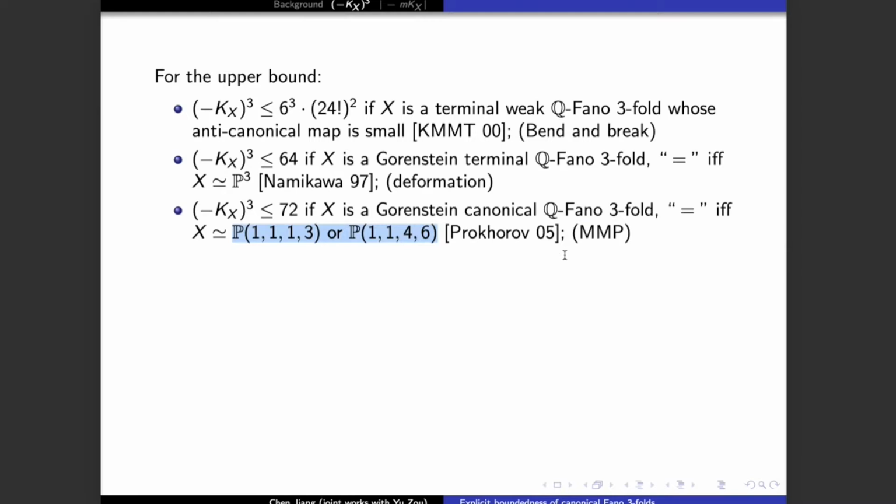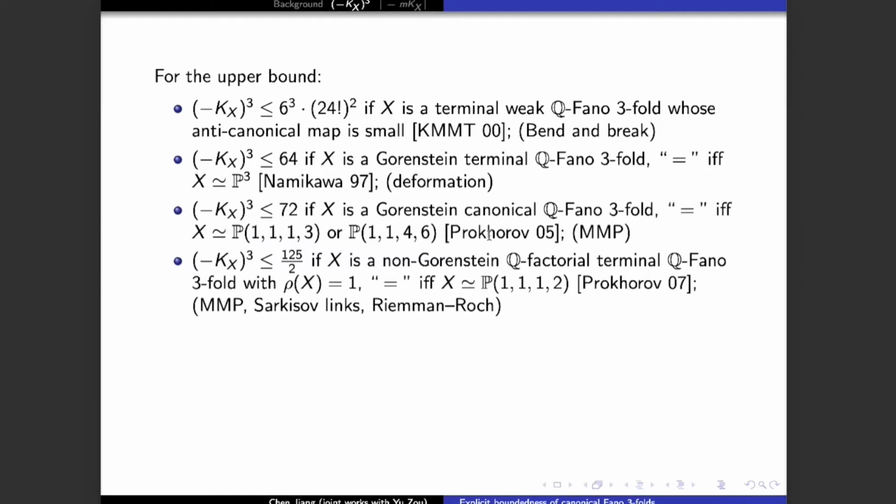His method only used MMP. And for the non-Gorenstein case, it's also a Prokhorov result.